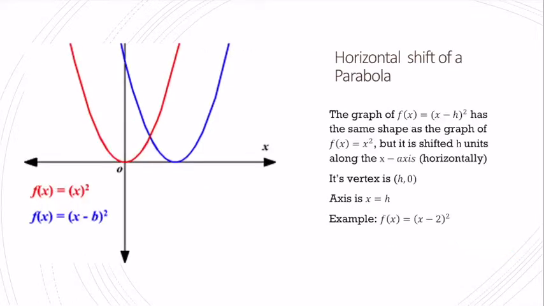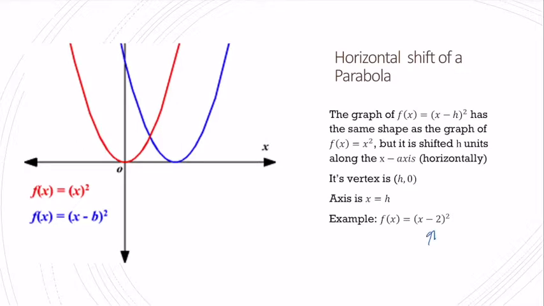Next, I can also shift my parabolas horizontally, right? If I have f of x equals x minus h squared, that's going to have the same shape as f of x equals x squared. It's going to be shifted h units along the x-axis. So, for example, if I have f of x equals x minus 2 squared, right?